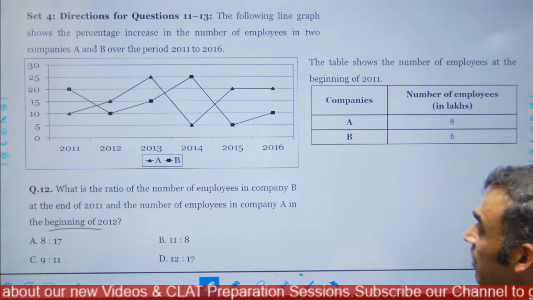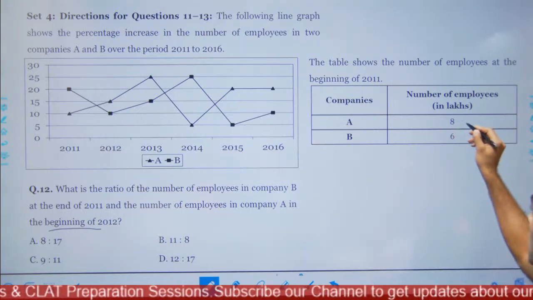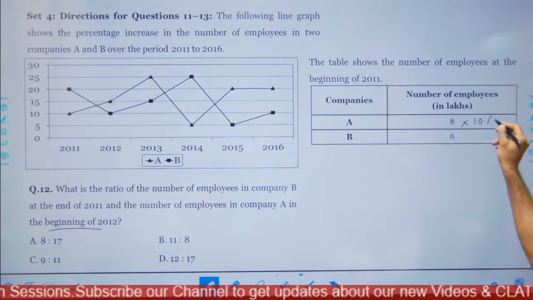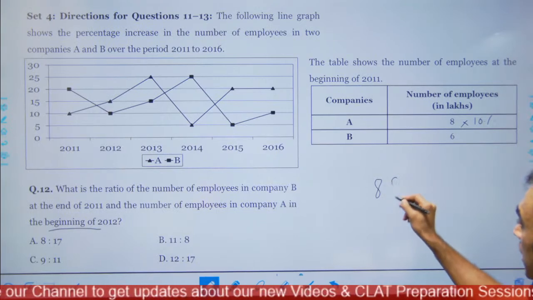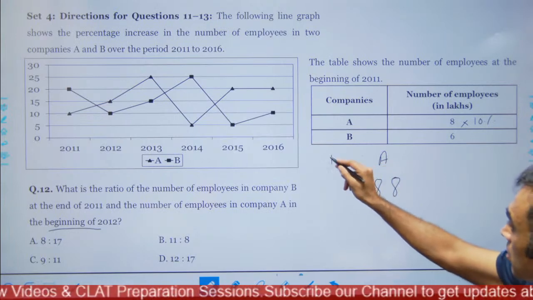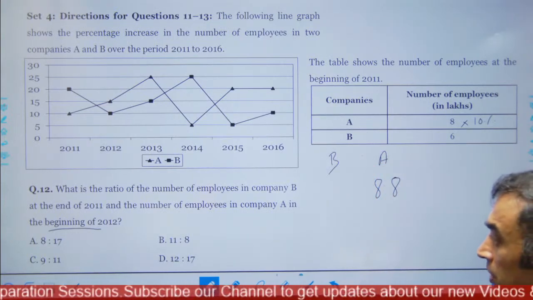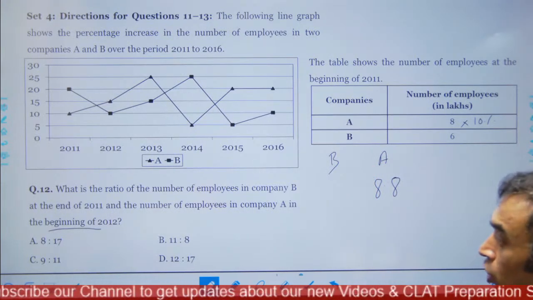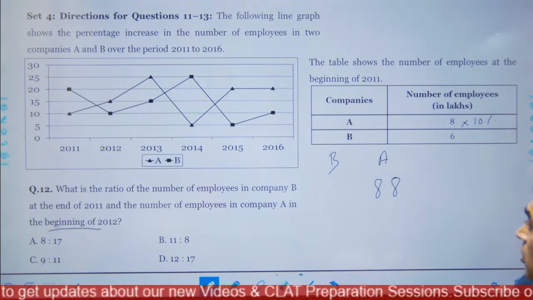तो end of 2011 क्या है यहाँ पे? 8 को कितने से ग्रो किया है? 10% से ग्रो किया है. तो वो हो गया तुम्हारा 8.8. हमें पहले B चाहिए, तो ये A है. ठीक है, B का क्या दिया हुआ है? B का हमें चाहिए end of 2011. तो B भाई कितने से ग्रो किया है?